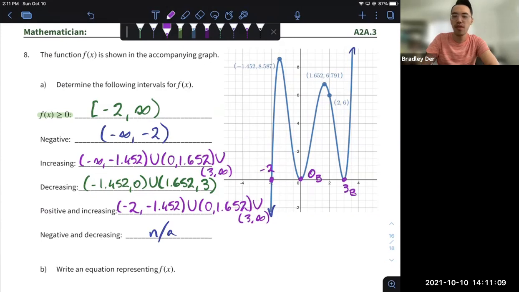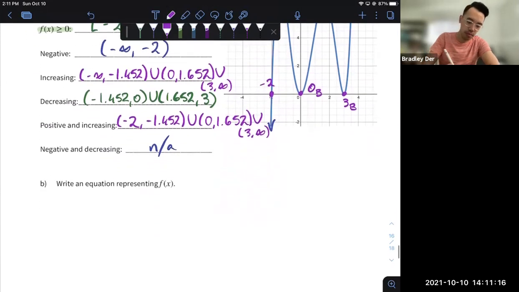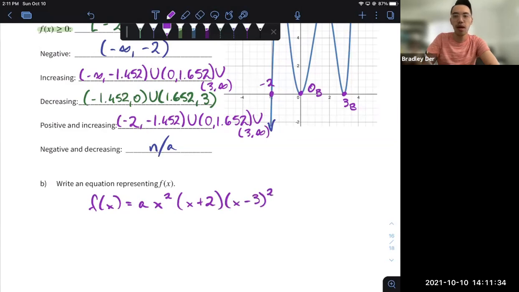Make sure that you're looking at the scaling, looking at the labeling, and not just counting off tick marks from the grid. f of x is equal to, we'll have to find an a value. That bounce at 0 would come from a factor of x squared, x plus 2 for a root of -2, and x minus 3 squared to account for that bounce.